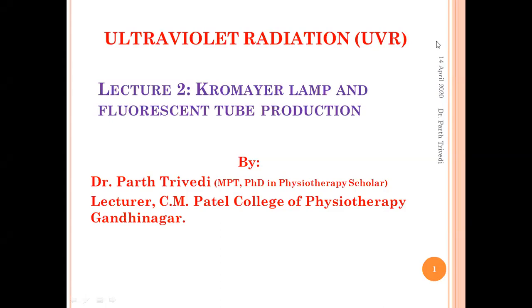So, welcome my students once again to lecture 2 of the ultraviolet radiations electrotherapy series. In lecture 1, we had discussed the electromagnetic spectrum, how it is organized, the advantages of various different electromagnetic waves, the dangers, and the difference between electromagnetic waves and ionizing rays.